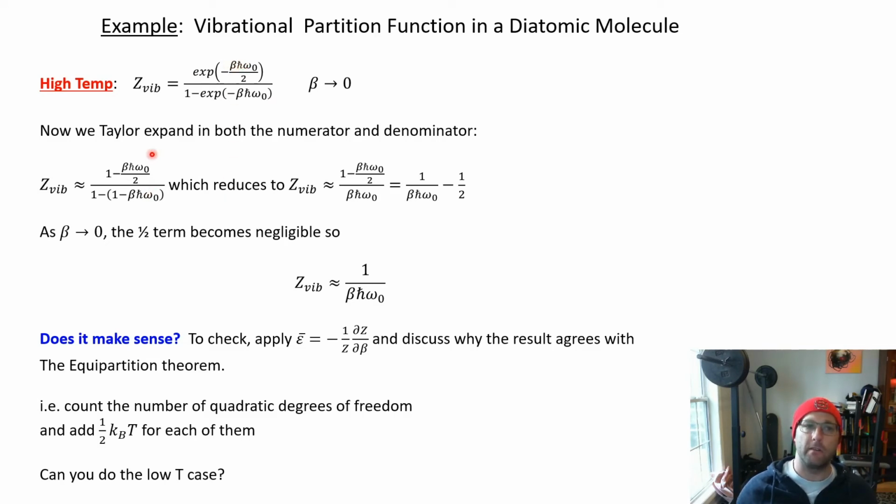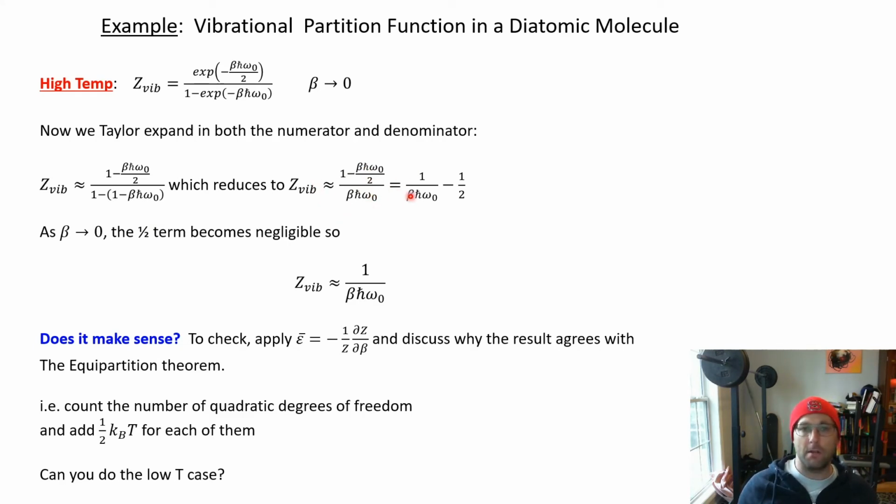So e to the minus x gives you 1 minus x, where x is beta h bar omega naught over 2. And then in the denominator, you do basically the same thing, except you don't have the 1/2 inside the exponential. So 1 minus 1 minus beta h bar omega naught. And so the 1's cancel in the denominator. That's nice. You get 1 minus beta h bar omega naught over 2 divided by beta h bar omega naught.